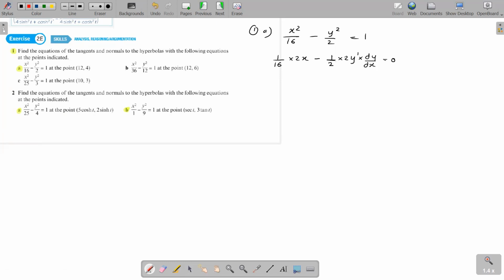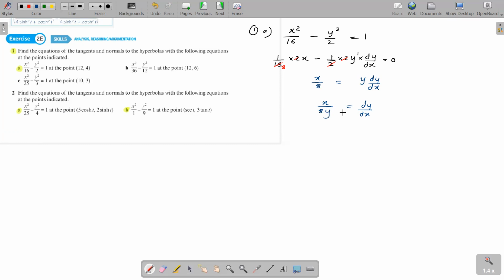Here, of course, the half and 2 can cancel, and this is 2, so I get x over 8 remaining here. On the other side, I'll take this across and get y times dy by dx. It's negative, so it goes to the other side as positive. When I make dy by dx the subject, I get x over 8y. Do you agree? It's x over 8y.